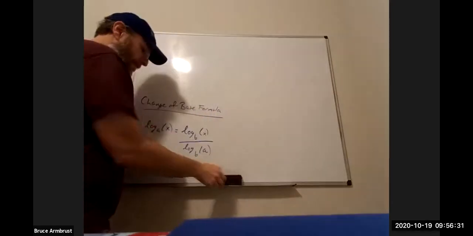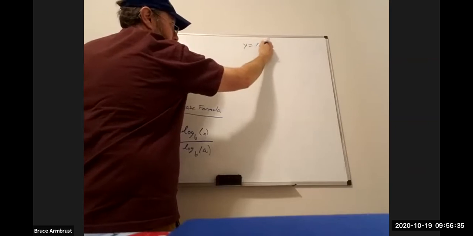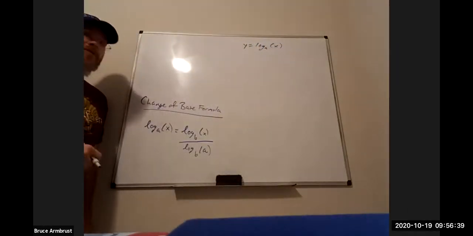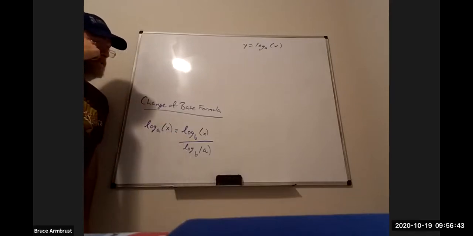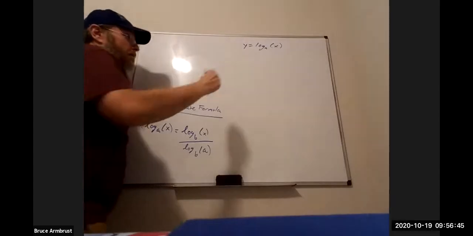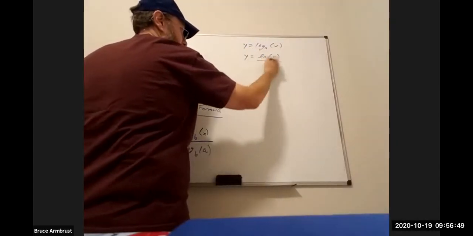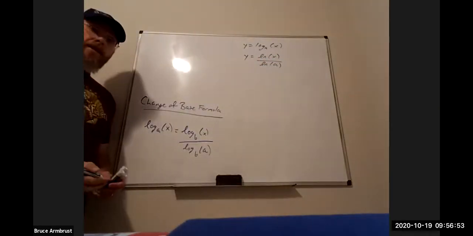because if I have, let's call it y equals log base a of x, what I'm going to do is rewrite that using the change of base formula, but I'm going to change it into natural logs. So this is the natural log of x over the natural log of a.